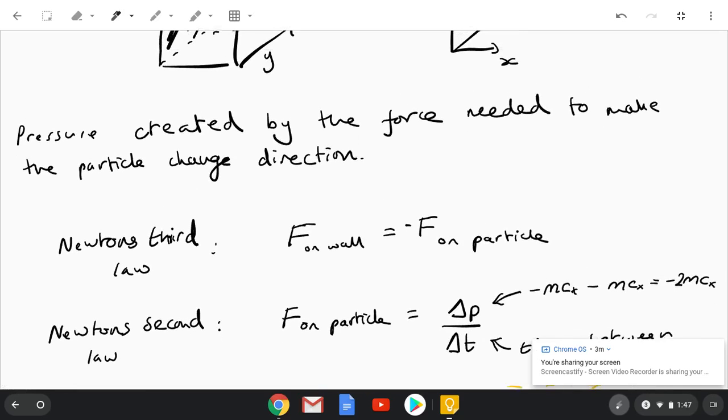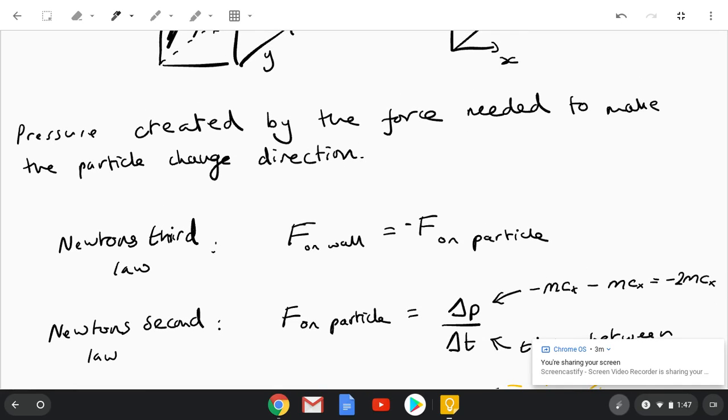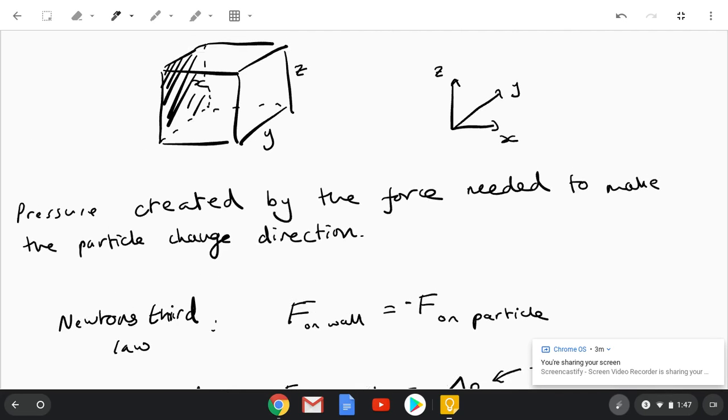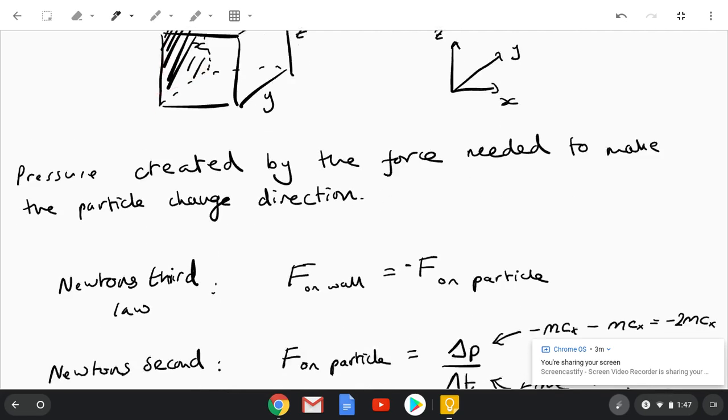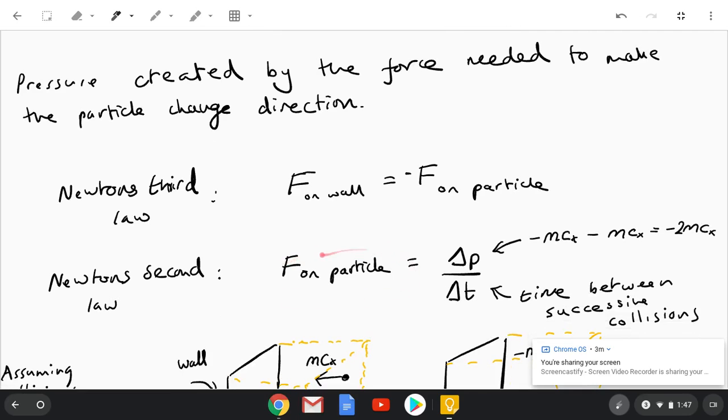By Newton's second law, the force on the particle is the change in momentum of the particle over the time between successive collisions.